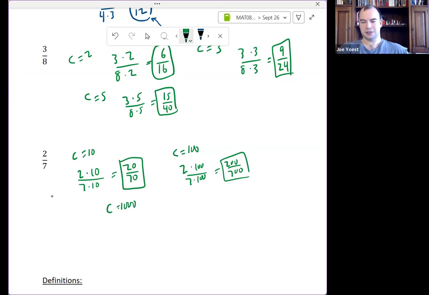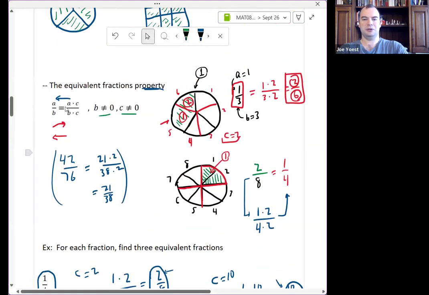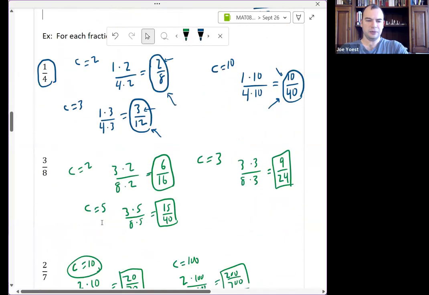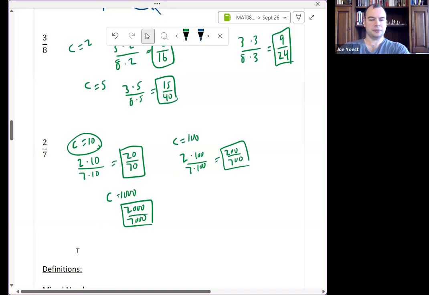If c is 1,000, 2,000 over 7,000, right? We can find lots and lots of equivalent fractions just by picking different numbers c to multiply by, and then making sure that we multiply in both the numerator and denominator, the top and bottom. Any questions so far on this?